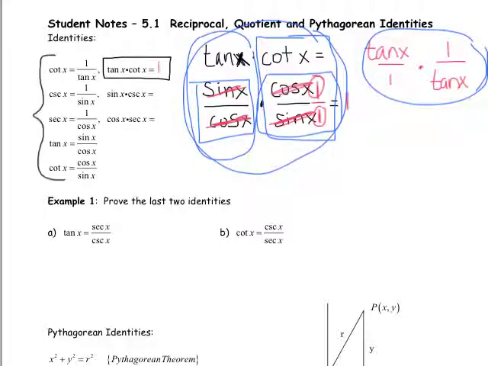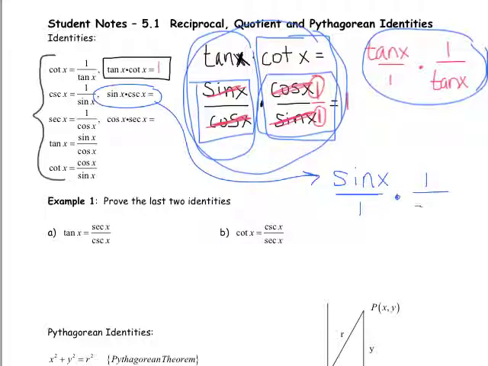Alright, so for those same reasons, these are also going to be 1. Sine x, since that's just sine x, there's not really anything you can write instead of sine, so I'll just put that over 1. And then cosecant, we want to say is 1 over sine.